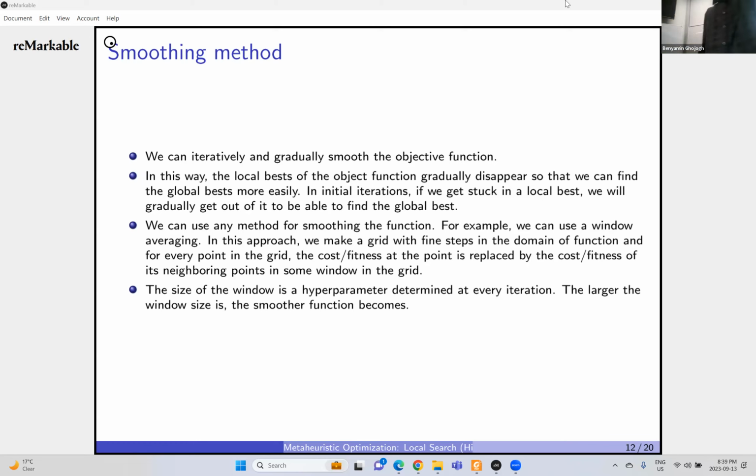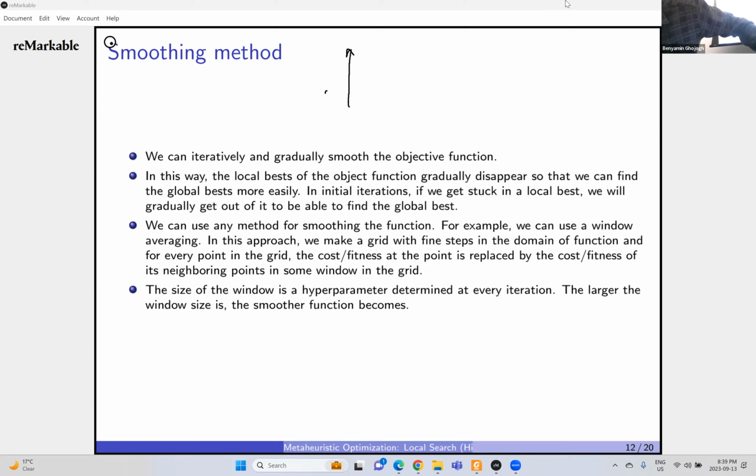Do you agree I can have a grid? So every point in this domain has some neighboring points in this grid, right? In 2D, it's a grid. In 3D, it's the cubes. In high dimensions, there are hypercubes, I mean, the corners of the hypercubes. So every point in this domain of the function has some neighbor points. You don't agree with me?